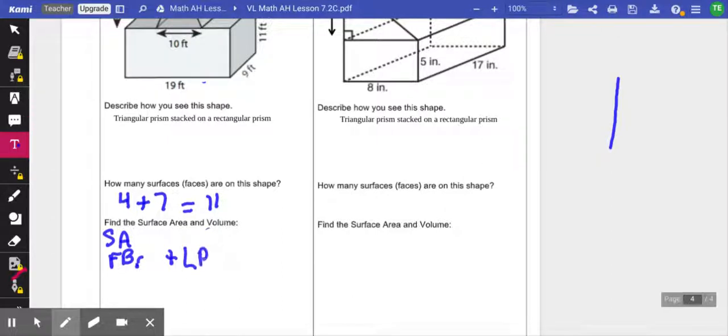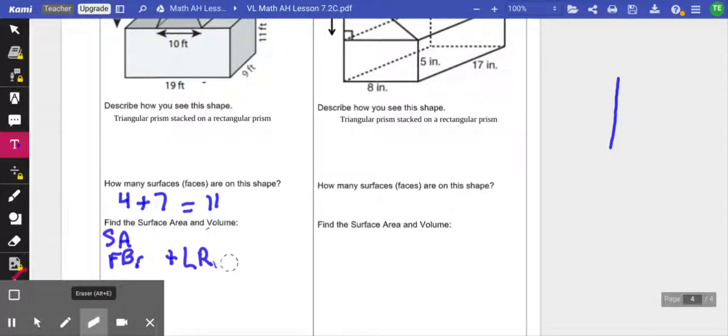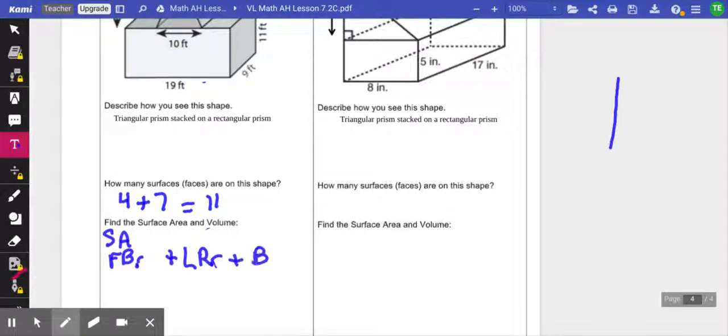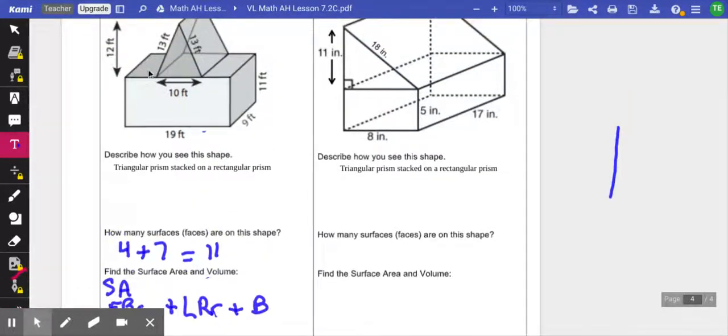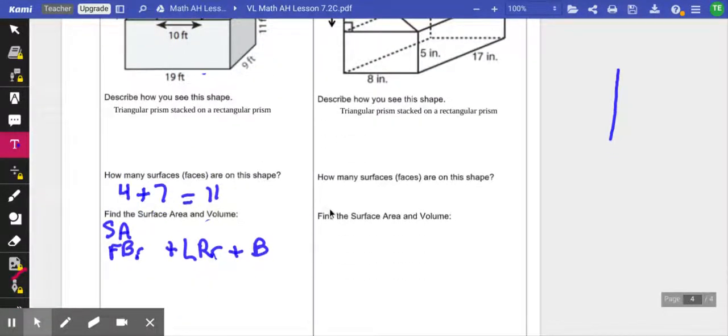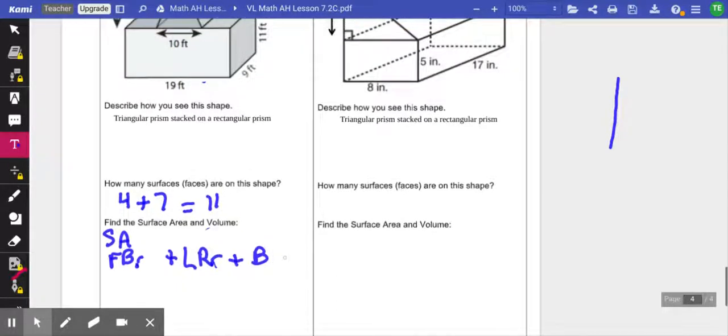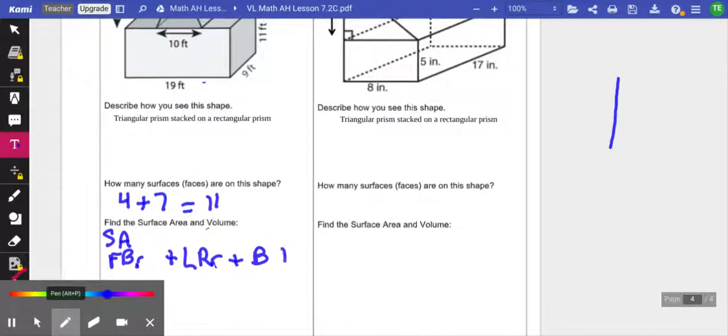Left, right of the rectangular prism. And then I have a bottom. And then I have the top, but the top's kind of cut up. So on the top, I'm just counting these 2 side rectangles. So I have a separate top I need to pay attention to. It's not the whole top, it's a cut up top.